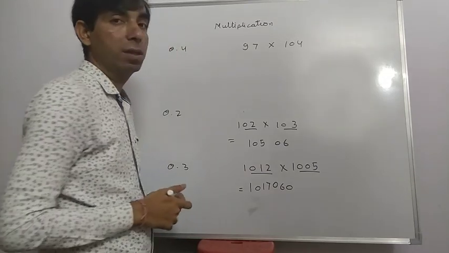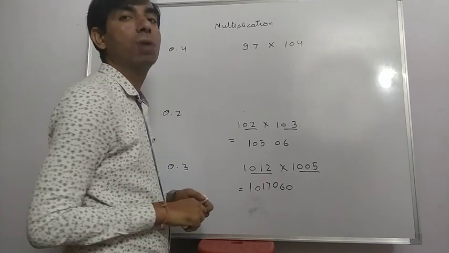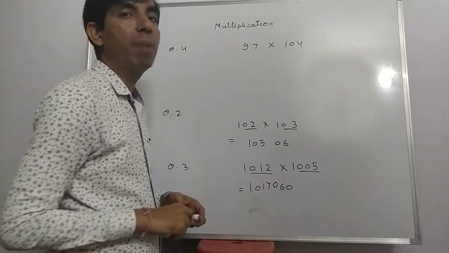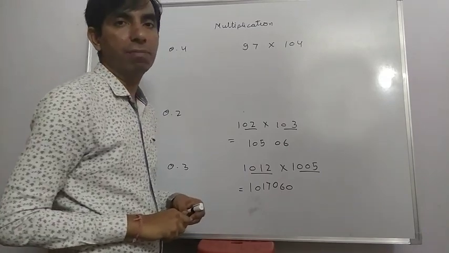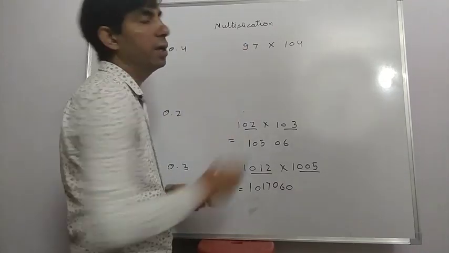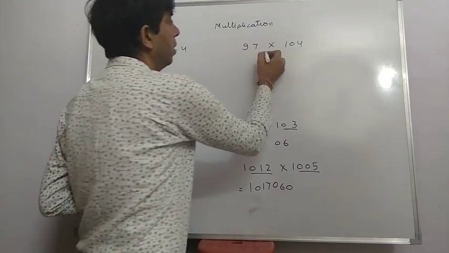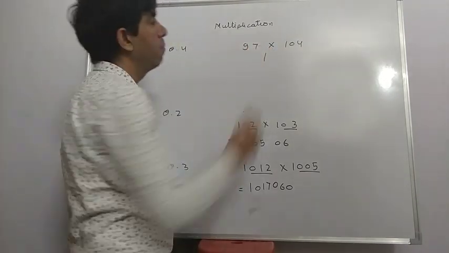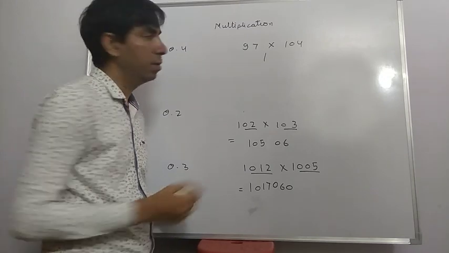Here we know that both numbers are near to 100, so the base is 100 and the subbase is 1. But the deviations are different here: one is less by 3 and the other is greater by 4. So multiply them by each other: minus 3 multiplied by plus 4, and the answer will be minus 12.